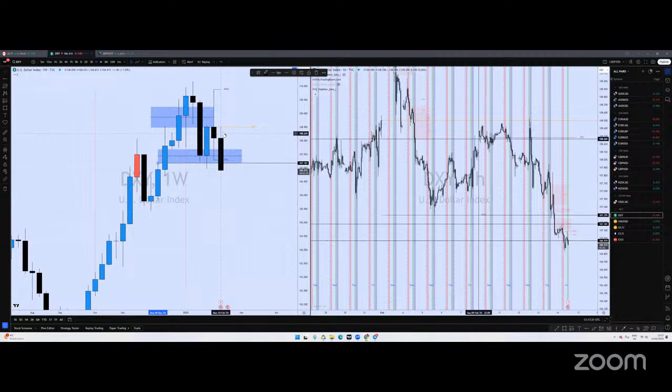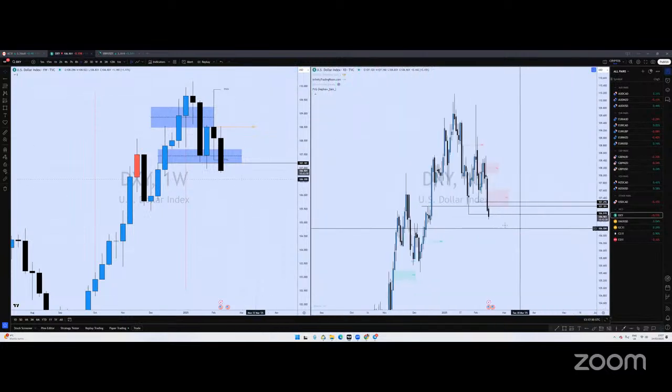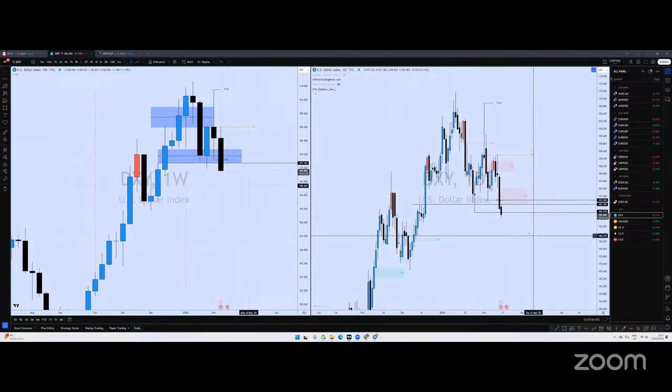I'll repeat: if we don't close below 107.18 today, because today is Friday and it's supposed to stay below that, then there's a high probability next week we'll go back up in the form of a pullback. On the daily, next week is likely going to come back up. But I don't think that's going to be the case. I am confident that we will stay below it.